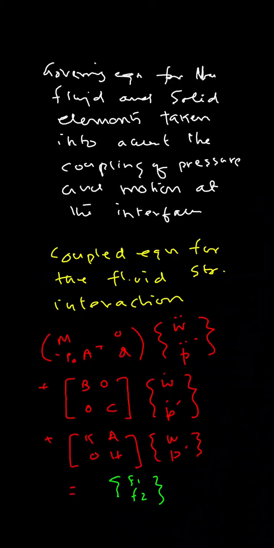The damping matrix corresponds to only the single dot terms, w dot and p dot dash, whereas the stiffness corresponds to no dot, so no differentiation with respect to time. Those are equal to the two external forces we have taken into consideration, one for the solid and one for the fluid. So this is the final equation.